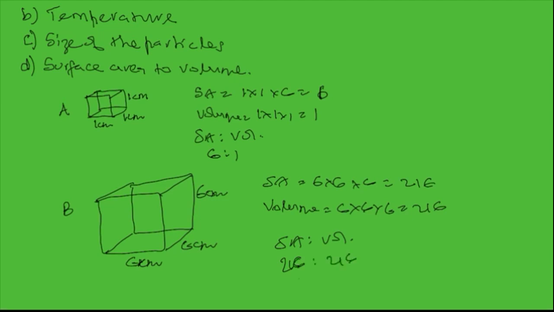Particles would diffuse into and out of this cube at a faster rate than in the case of B, because there's greater volume, greater distance to be covered by the diffusing particle where the volume is large.